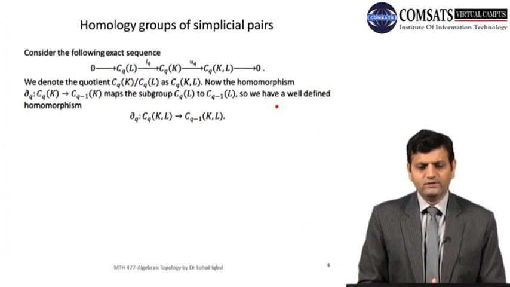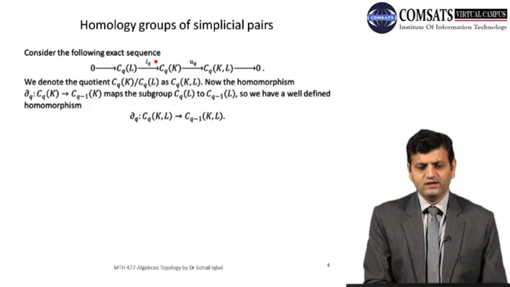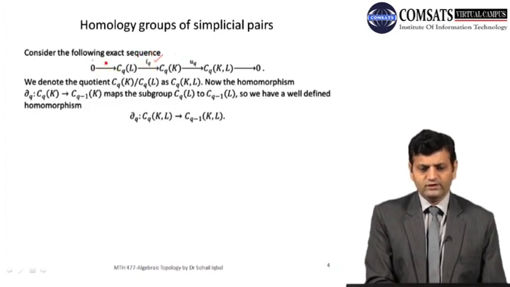So now consider the following exact sequence. We have already seen that this IQ is basically an inclusion homomorphism, because CQL is contained in CQK. In other words, we can add a 0 on this side, and we can say that this part is an exact sequence, because the image of this map F is 0, if F is a homomorphism.